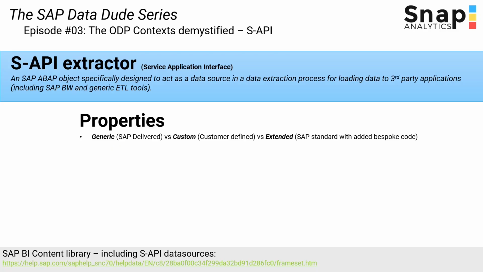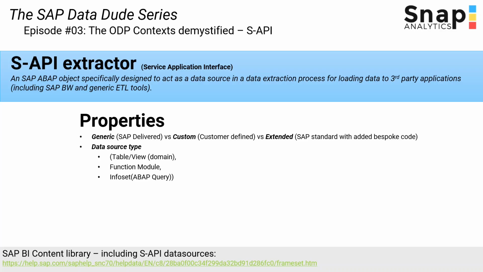Every data source in the system has properties. The first thing to look at is whether a data source is SAP delivered, or if something is custom built, or if something is extended, meaning it's delivered by SAP, but then additional fields have been added to the data source.